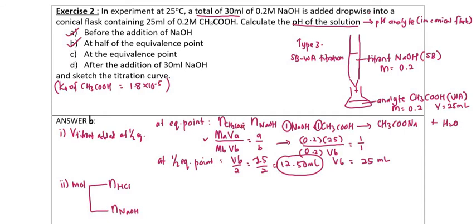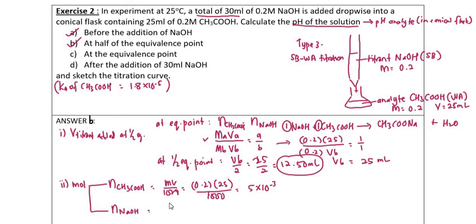Okay, same goes untuk yang ni adalah mole acetic acid. Okay, guna formula MV over 1000, molarity, volume, and you punya 1000 akan dapat 5 eksponen negatif 3.